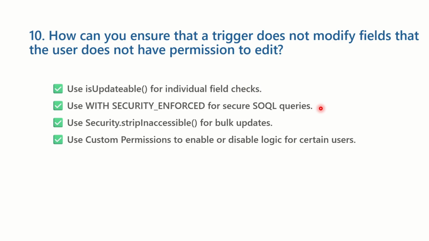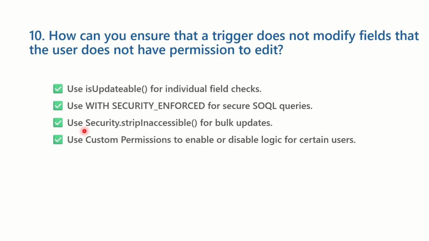Then for SOQL queries, this is about read operations. You will be reading fields through SOQL queries. If you want to control what fields you are fetching, you can add the keyword WITH SECURITY_ENFORCED inside your SOQL query. This makes sure that you fetch only those fields where you have access.